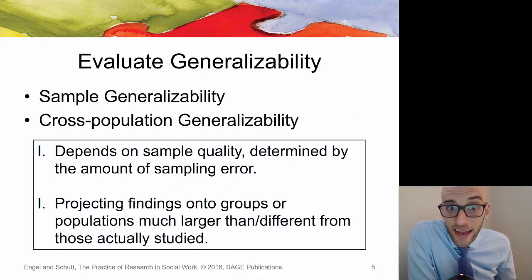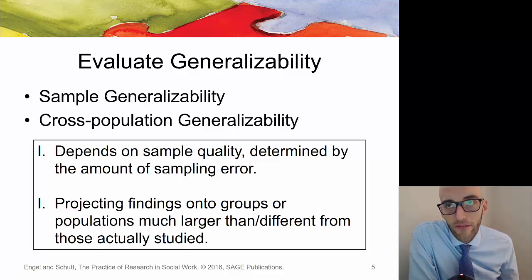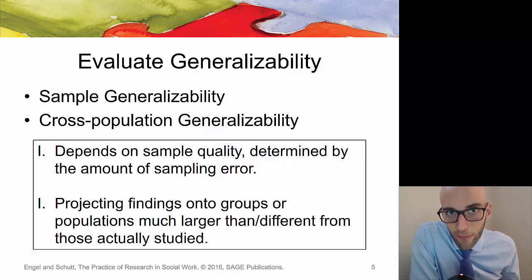One of the key terms from the textbook is generalizability. If we're conducting a study, we want to make sure that our results are generalizable across populations. Sample generalizability can mean, if we're trying to learn about the effectiveness of a program within an urban population, would it necessarily be generalized to a rural population?